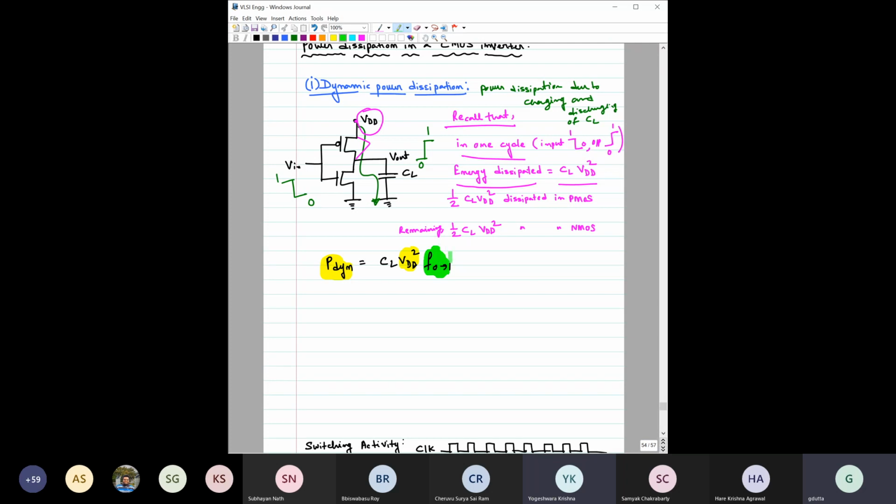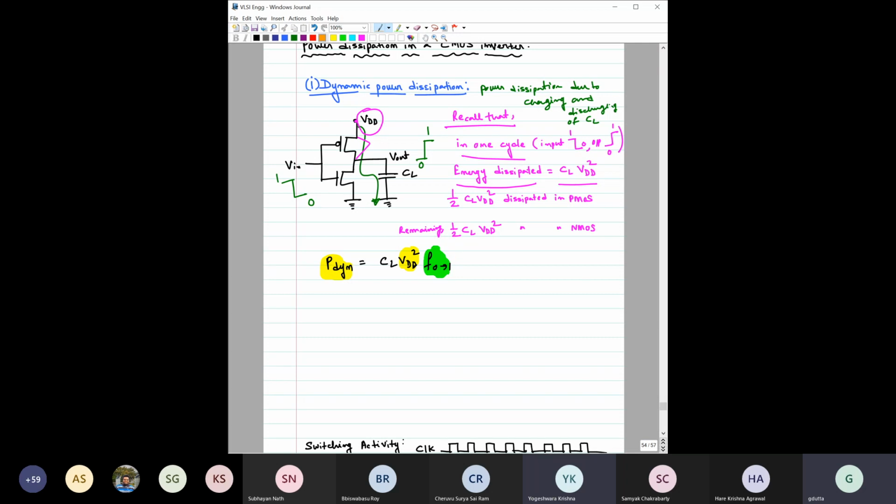But here one good thing is that, suppose you have 1 million inverters in a particular IC, not all of them are switching at the same rate as the clock frequency. Some inverters are switching at the clock frequency, some are not.